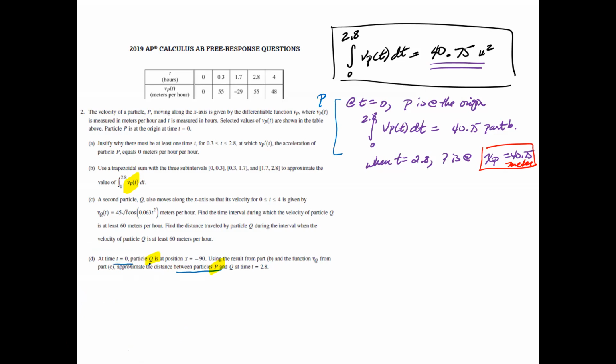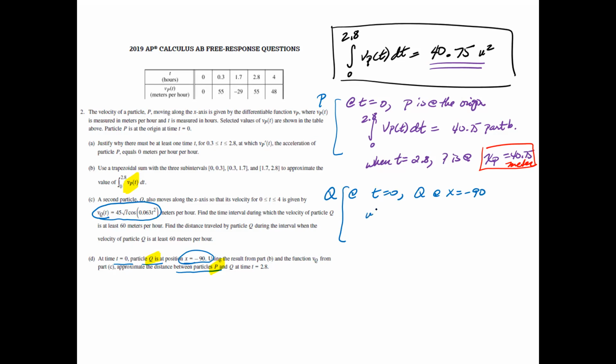I know that when t equals 0, Q is at position -90. I also have the equation for v of Q. So if I want x of Q, I will have to find the integral of v of Q. At t equals 0, the position of Q is at x equals -90. That's your initial starting point.